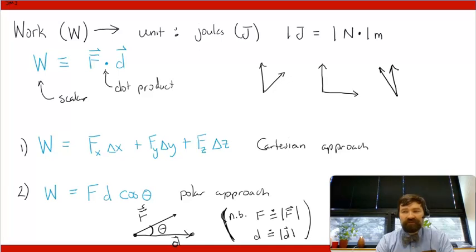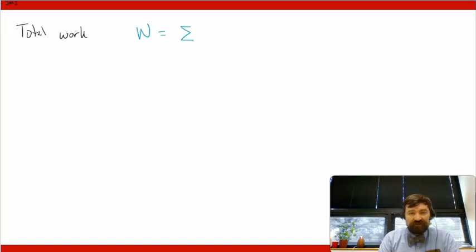We usually ultimately care about the total work done on the object by all the forces together. So in that sense, we could say that the total work done would be the total force, meaning the sum of forces, dotted with the total displacement.